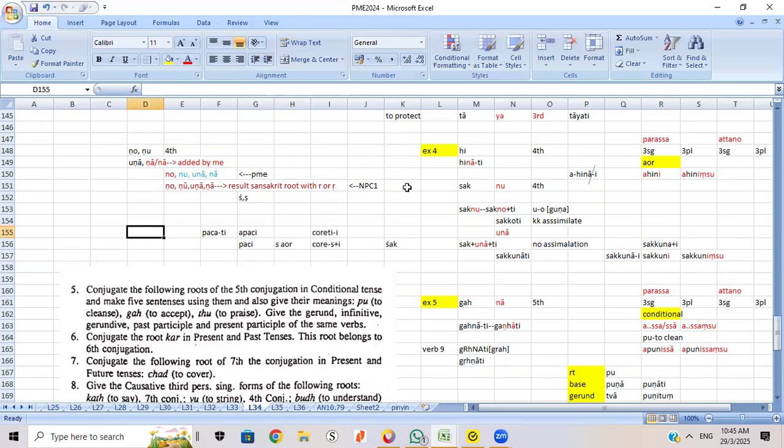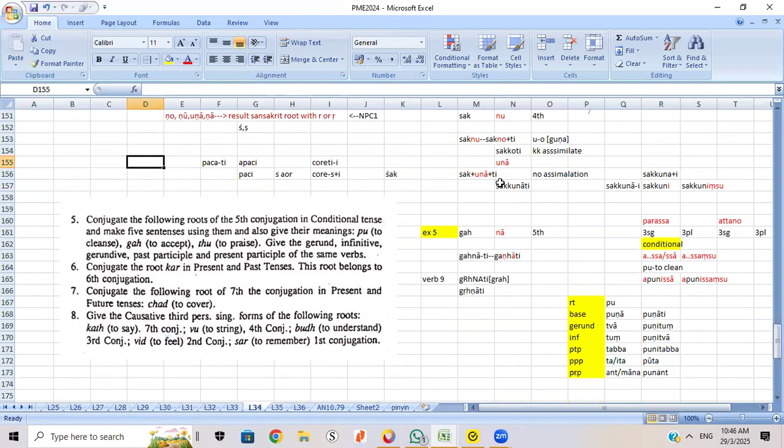Follow. This is a recap because we are talking about conjugation and verb formation. All right, now we can move forward. Number 5: conjugate the following roots of the fifth conjugation in the conditional tense.